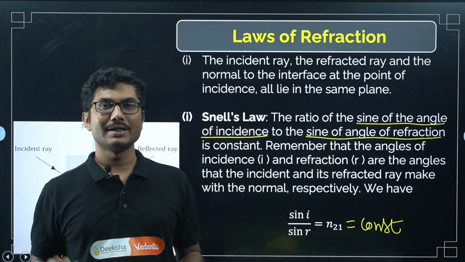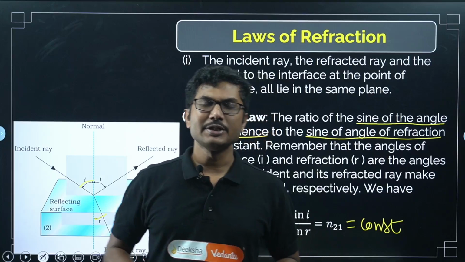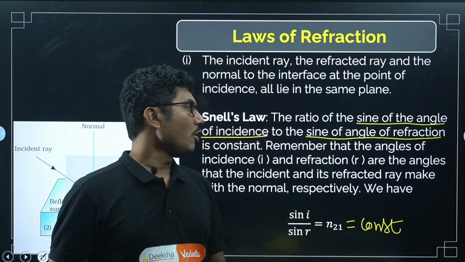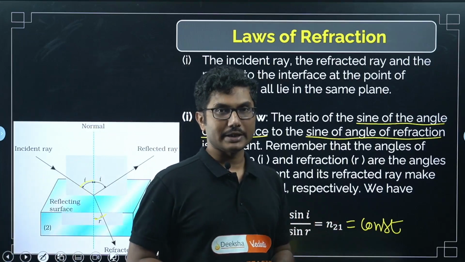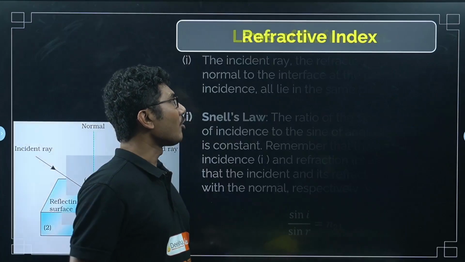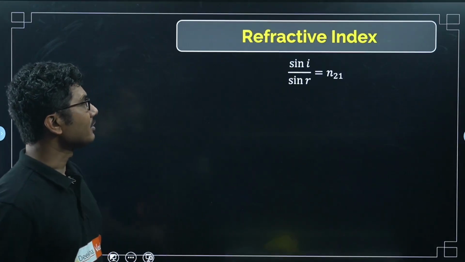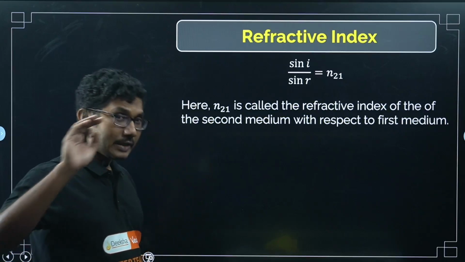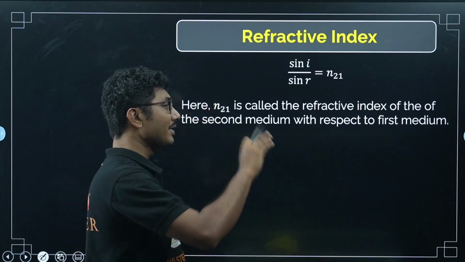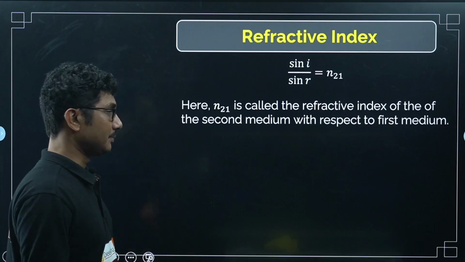Media is the plural of medium. Medium means one, media means more than one. So for a given pair of media, this is a constant value, and that constant is called the refractive index. It is called the refractive index of the second medium with respect to the first medium.